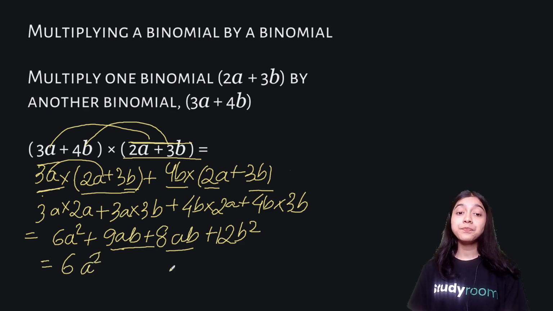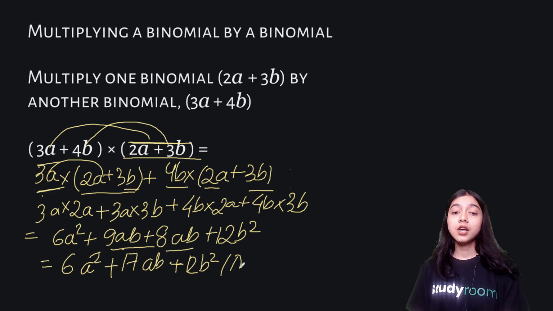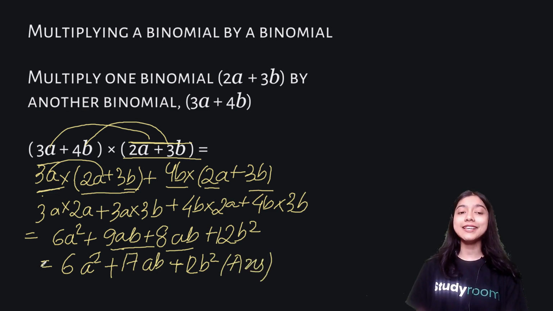We will write 12b square as it is, and we will add up these two terms, that is 9ab and 8ab. What is 9 plus 8? 9 plus 8 gives us 17. So this gives us 17ab. So this is our final answer. We have to check that there should be no like terms in the final answer. So the final answer is 6a square plus 17ab plus 12 times b square.